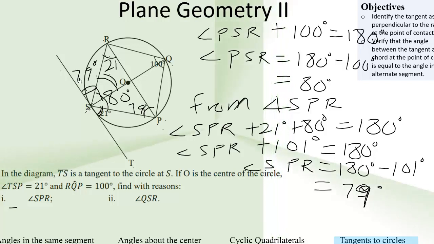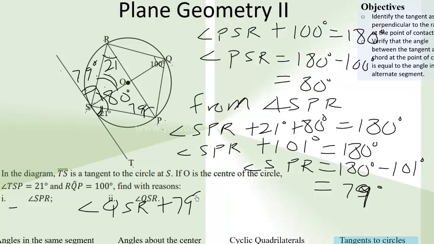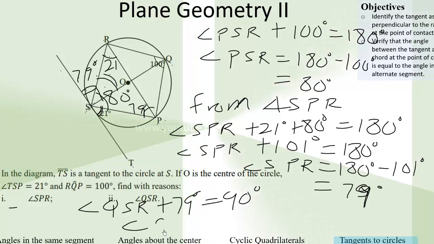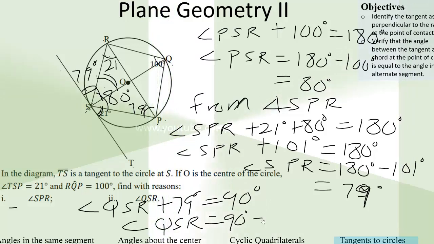Already this is 79, so this will be 90 minus 79 degrees. So angle QSR plus 79 degrees is equal to 90 degrees. So angle QSR is equal to 90 degrees minus 79 degrees, and that will be equal to 11 degrees.